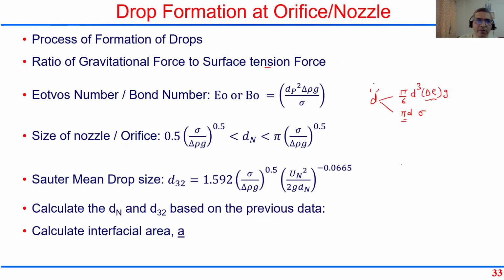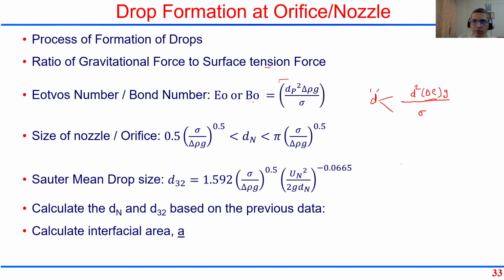So this balance between the two forces is governed by a dimensionless number, like we have seen Reynolds number and other such dimensionless numbers. It is called the Eötvös number, or sometimes people also call it the Bond number, Bo. If you take this ratio, forget about that 6 just now, d has cancelled out, and we get d square delta rho g by sigma.